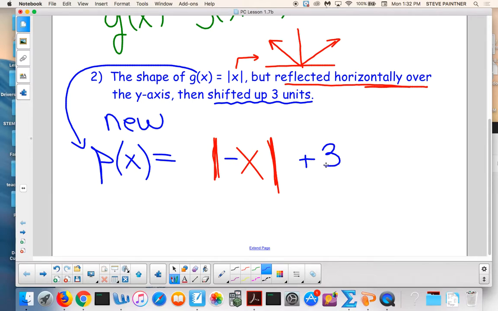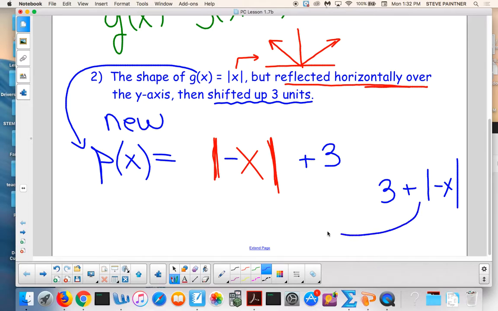Can you write it like this, guys? Is it okay to write this? Is addition commutative? Can we reverse addition and get the same answer? Yeah, this is okay. This is a big trick. This is a trick in your book. They give you this, and some students are going to say that's a vertical stretch of 3.